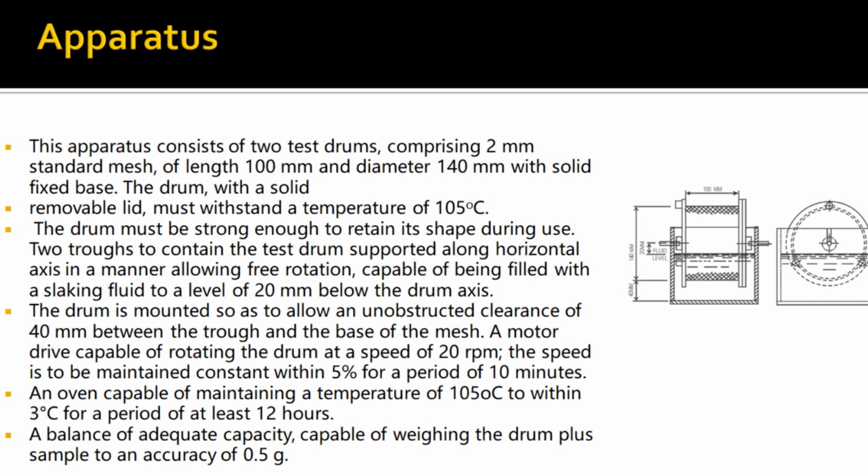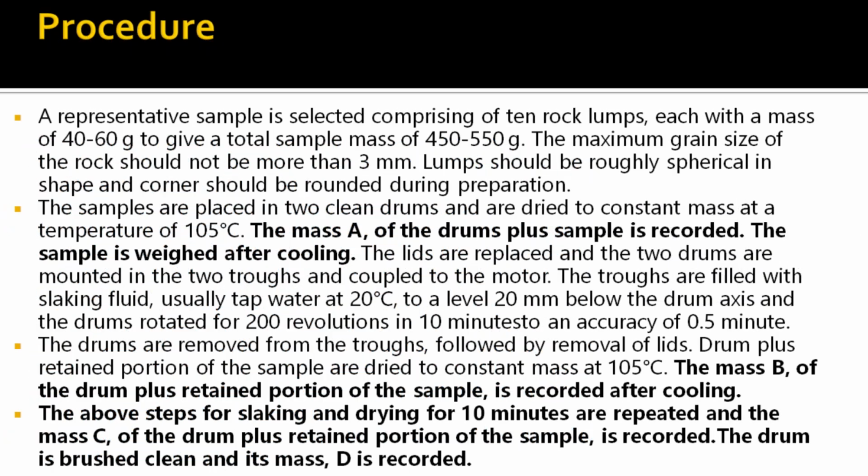For this test, what we usually do is we first prepare the samples, as in we have lumps, we try to make them spherical, as in we remove the sharp edges, and then we mostly take around half a kg of samples, that would be 10 pieces if each piece weighs 50 grams.